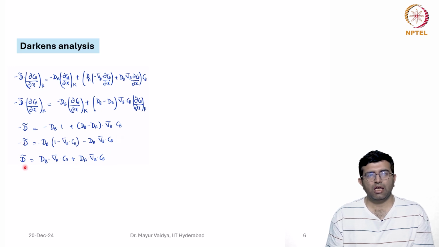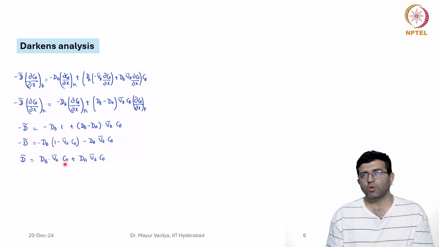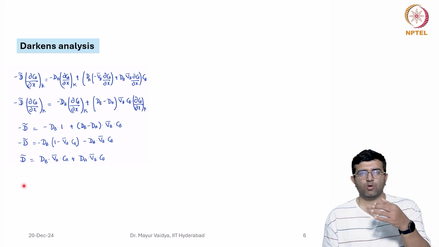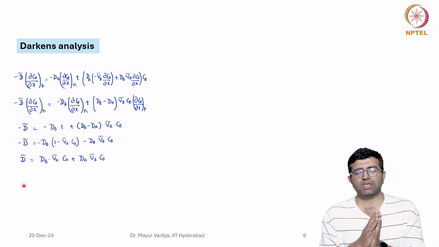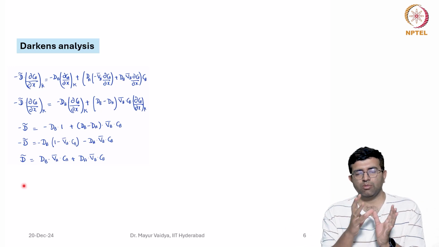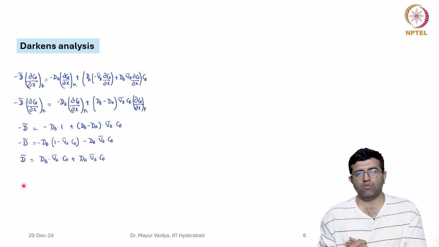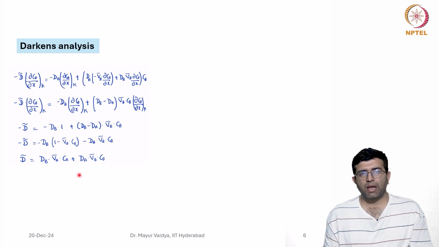So you get d tilde is equal to dB multiplied by, remember, 1 minus Vb bar into Cb is nothing but Va bar into Ca. That is why we wrote this relation on the very first slide of this lecture, because we have used it multiple times, plus dA into Vb bar into Cb.